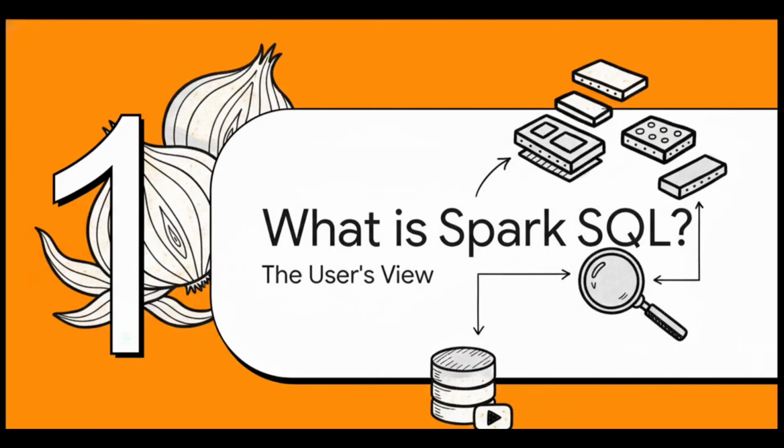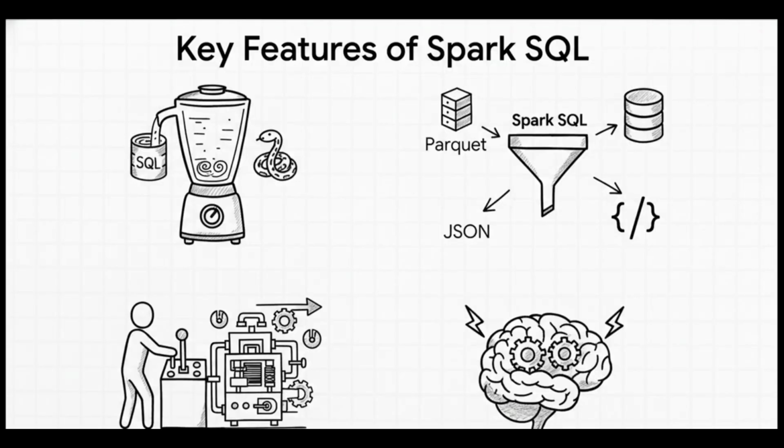All right, so let's start with the very first layer of the onion. What is Spark SQL from your point of view as the user? At its heart, it's the part of Apache Spark built specifically for structured data. But honestly, it is so much more than just a SQL engine. The thing that makes Spark SQL so flexible is that you're never locked in.